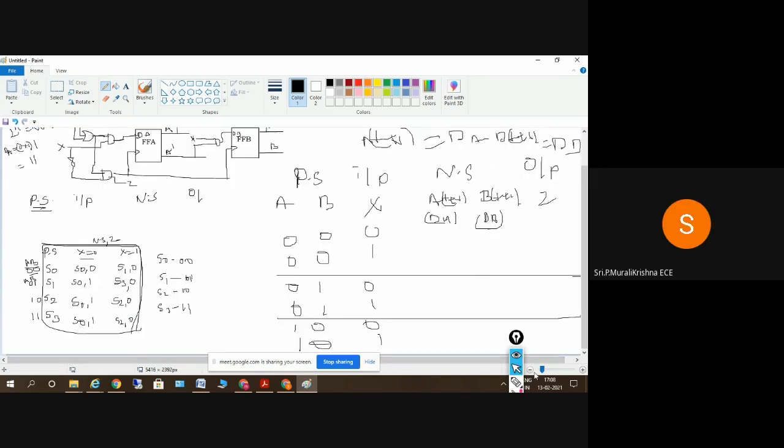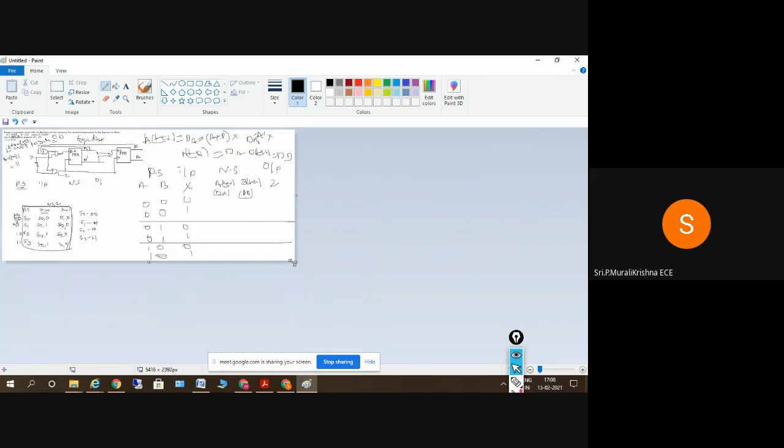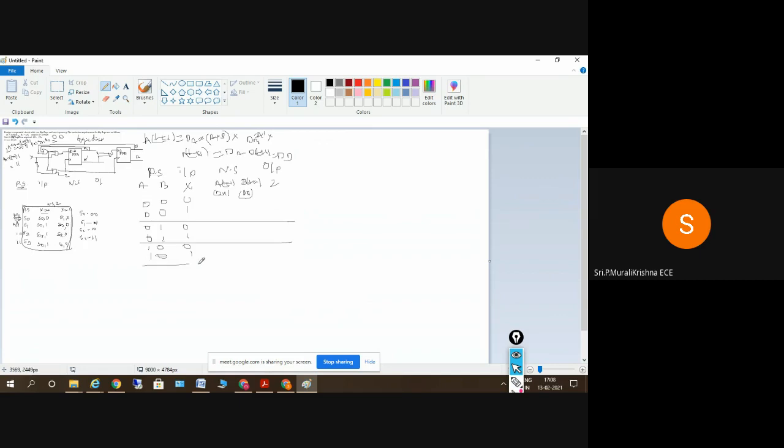Okay, so what we can do here is substitute all these values. So first of all, write all these combinations and substitute the values in the A of t plus 1 and B of t plus 1 equations, which are nothing but DA and DB.